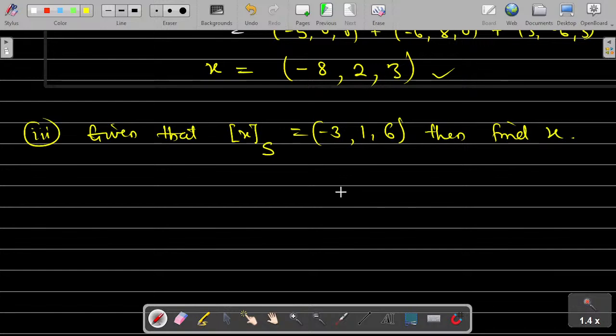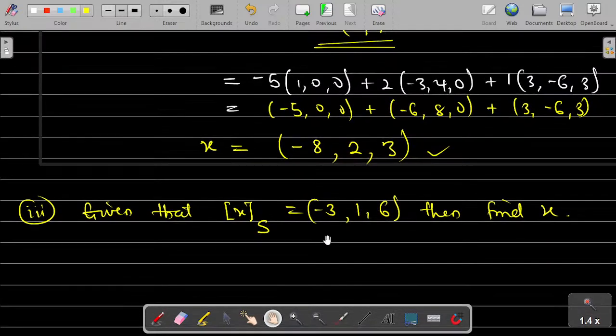So that means we are going to be doing what we did here in a reverse direction. So watch it. We want to make our x equal to, remember I told you that the coefficients here will form this coordinate of x.